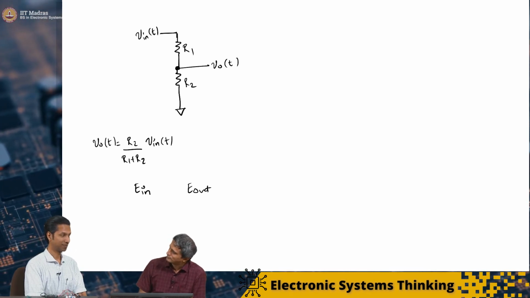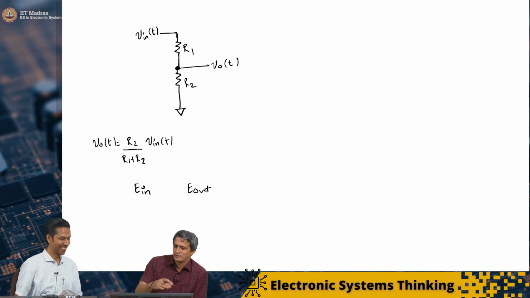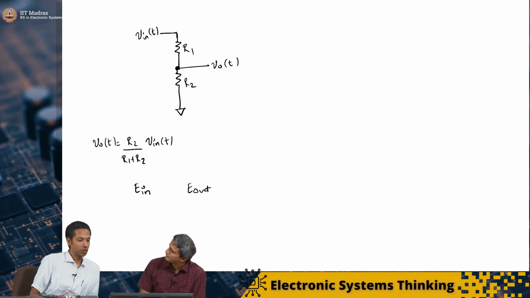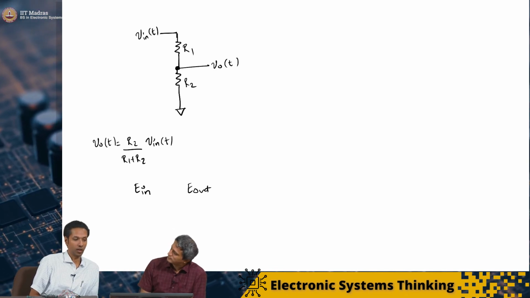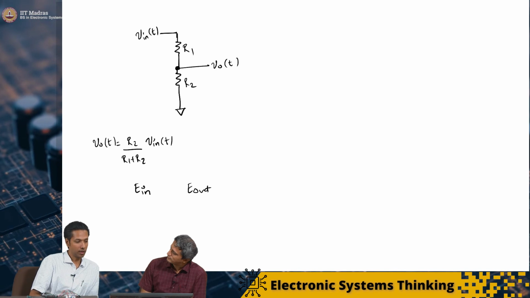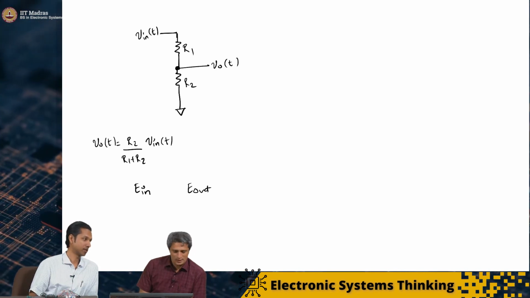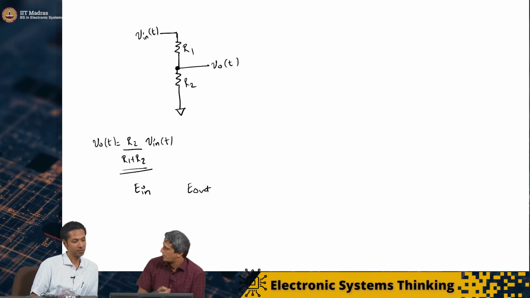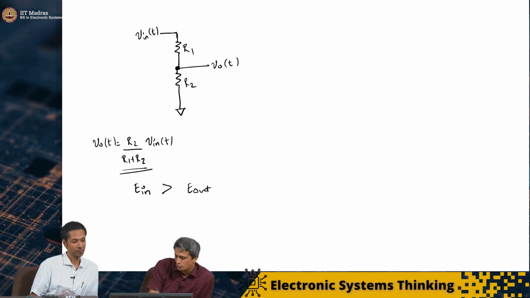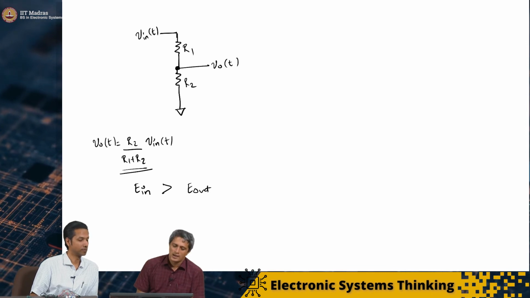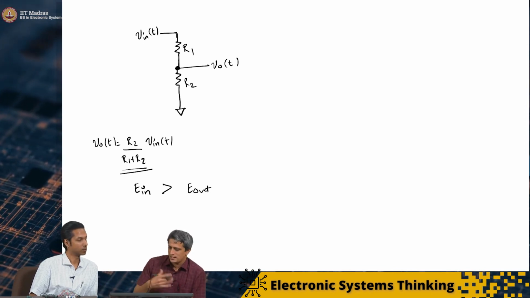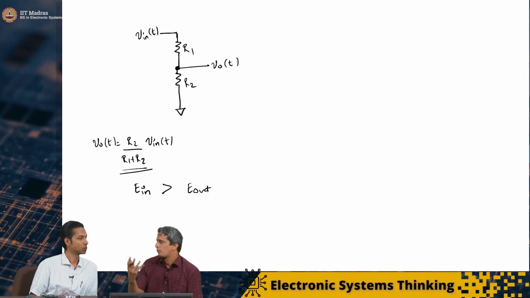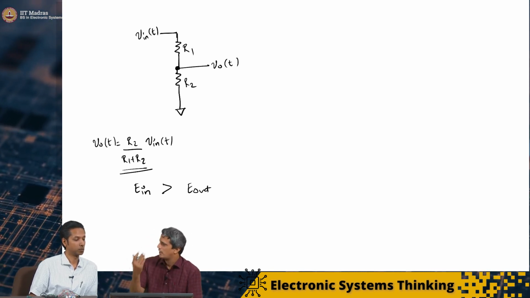I don't know. Can E out be greater than E in? I doubt it, because you have a resistive divider and you have a lower voltage. Exactly. The scaling itself suggests that E out is less than E in. Even otherwise, as an engineer, energy has to be supplied from somewhere. It can neither be created nor destroyed.